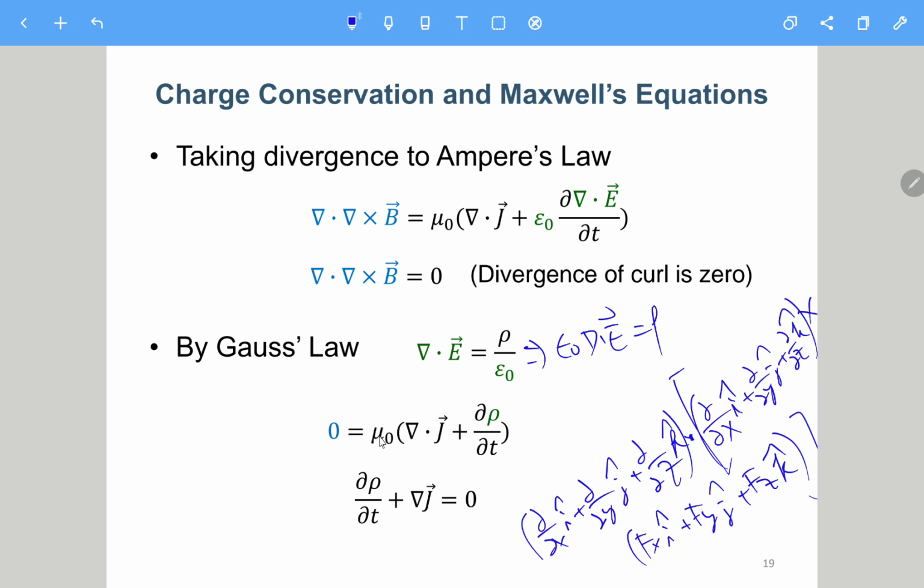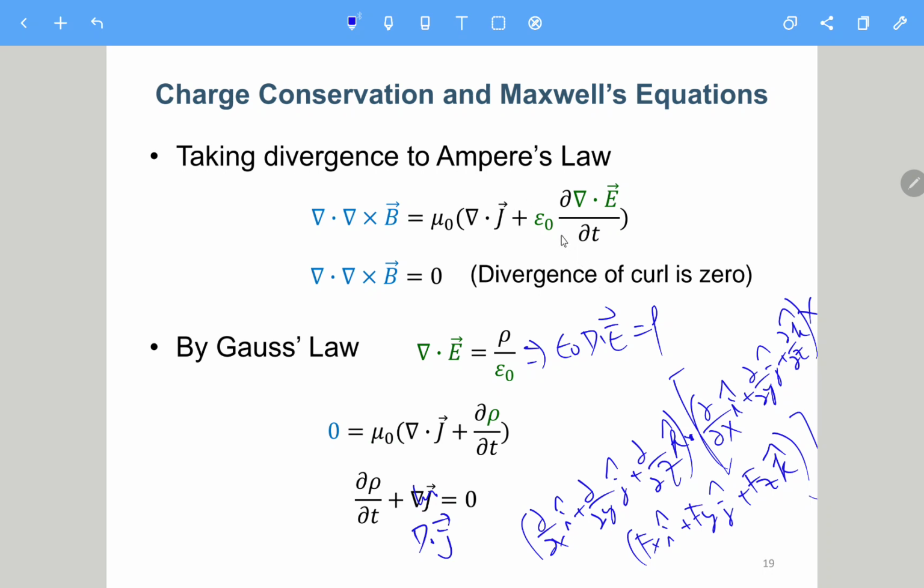But mu naught is a constant, which is non-zero, which means that this thing should be zero. And this is actually the same as the conservation of charge.